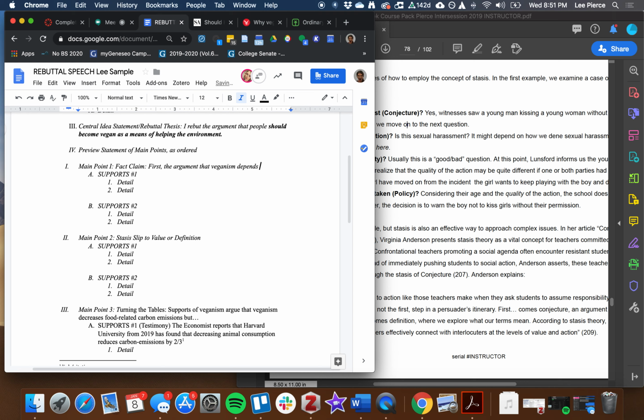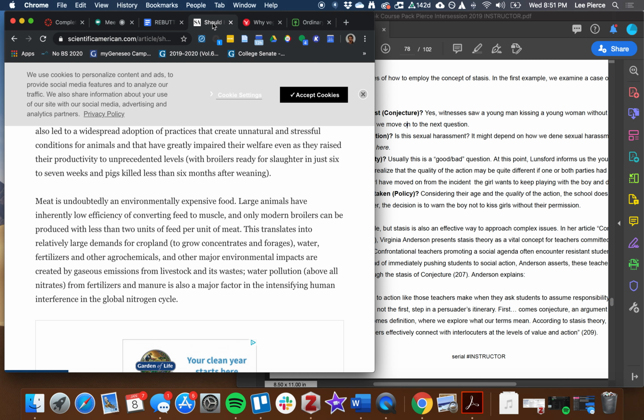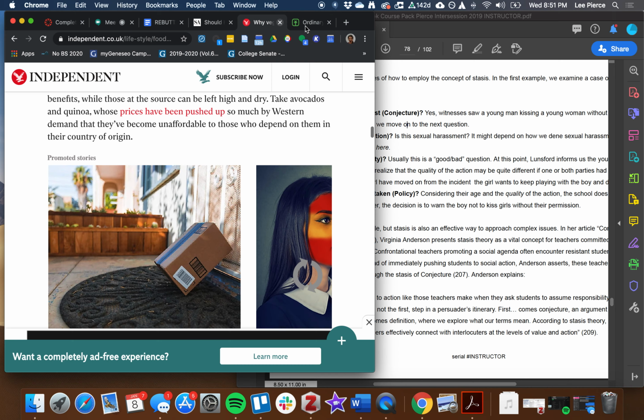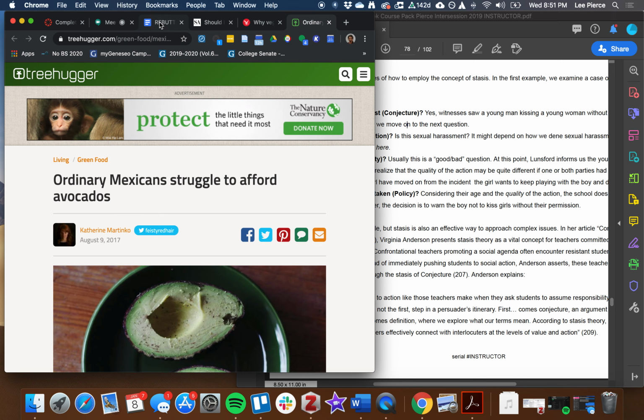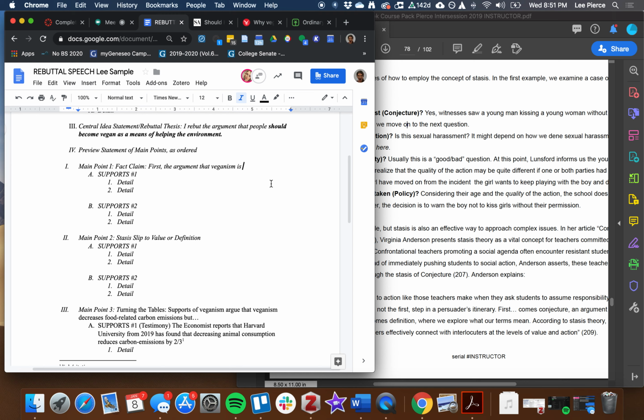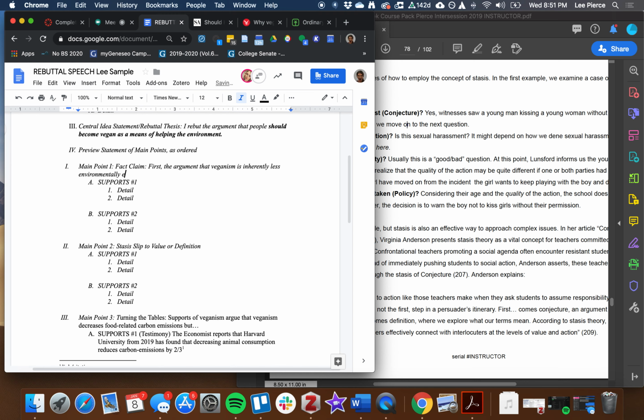That veganism is, what did that article say? Environmentally expensive. Okay. The argument that it is inherently less environmentally expensive than eating meat is faulty, right?